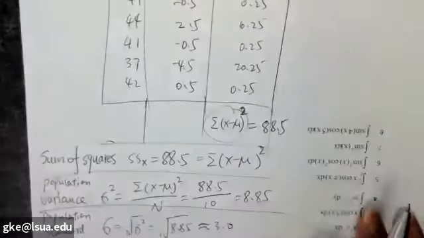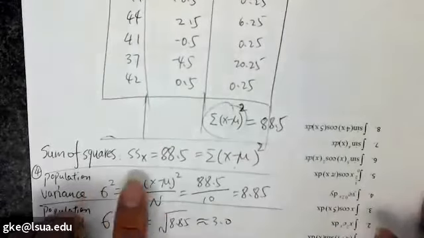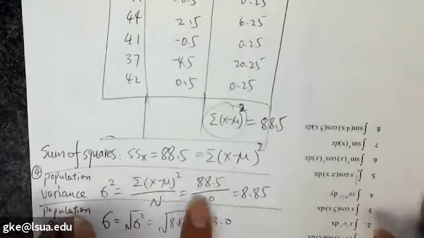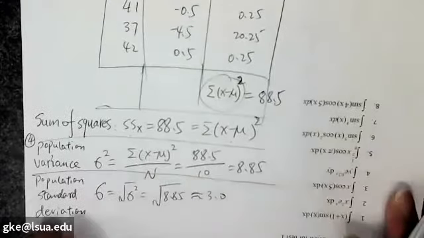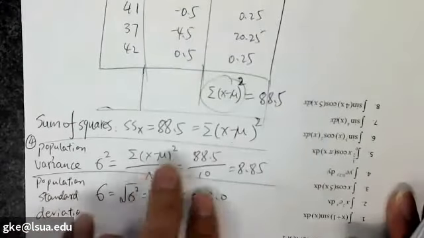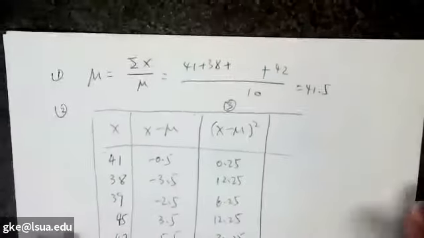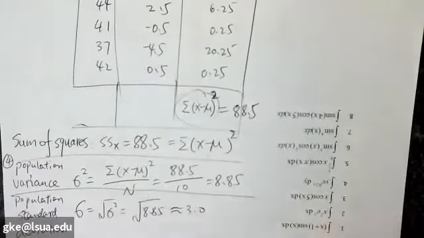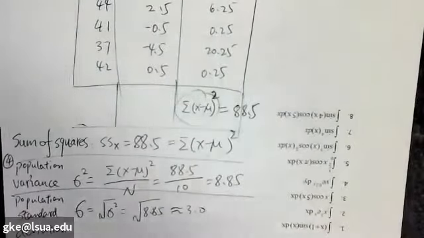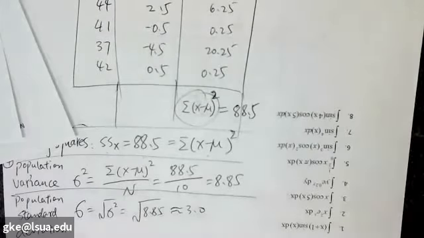After that, the left work gonna be plug in the formula: the summation of the square divided by the number 10 equals 8.85, and the population standard deviation gonna be a square root of this number equals 3.0. So total we have 1, 2, 3, 4, 4 steps. I want you guys to follow these 4 steps and finish this example.